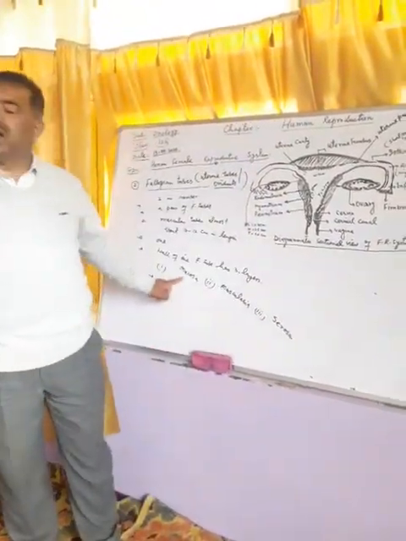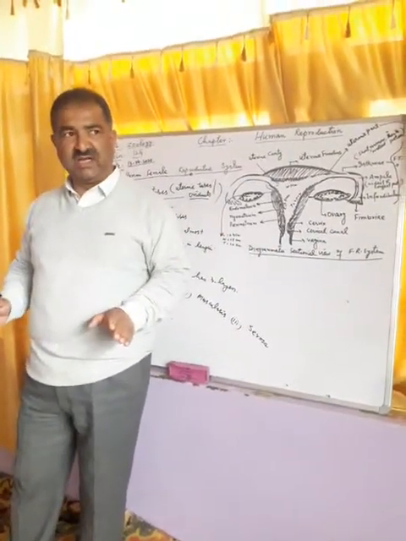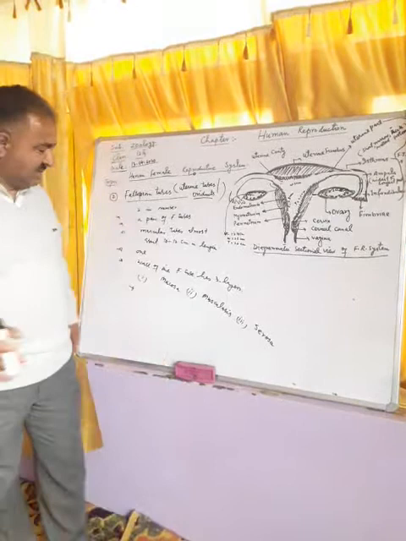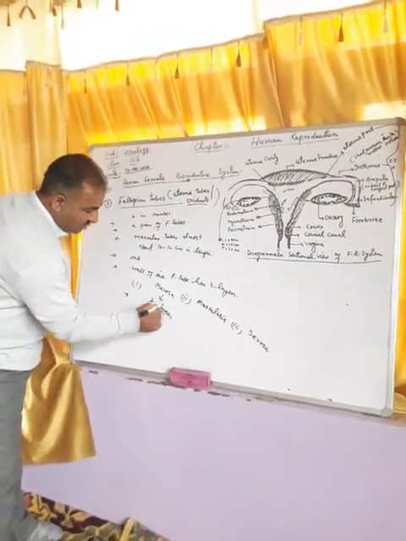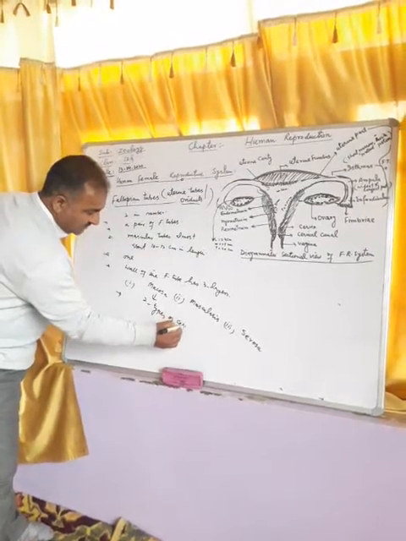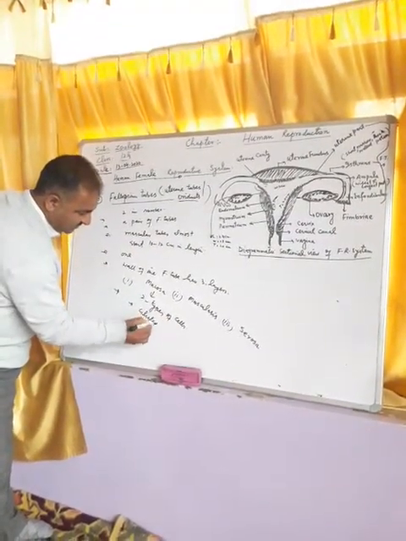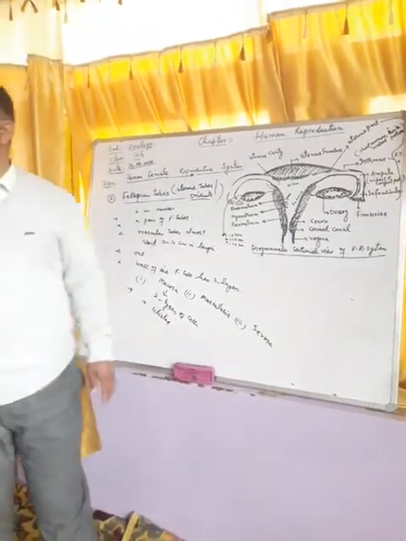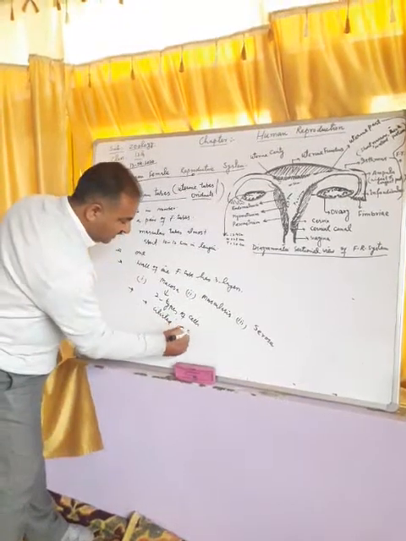The mucosa layer has two types of cells: one type is ciliated, and another is secretory.